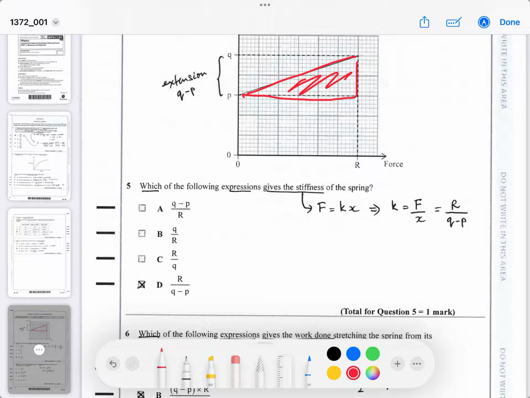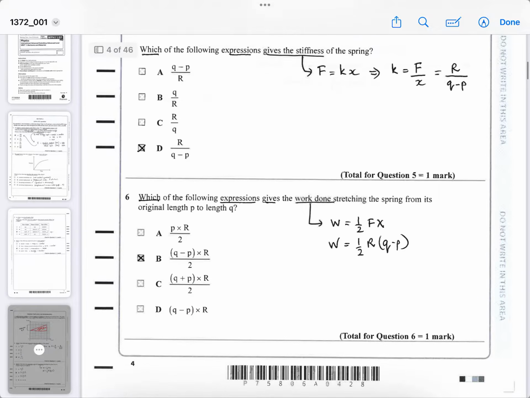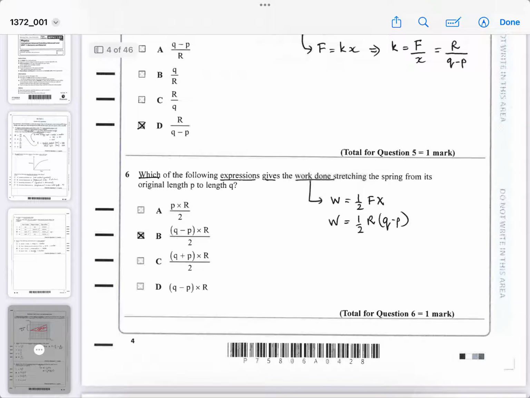So that's what you've got to work out, which is half R times Q minus P, which gives you B. Okay? If you can work that out.